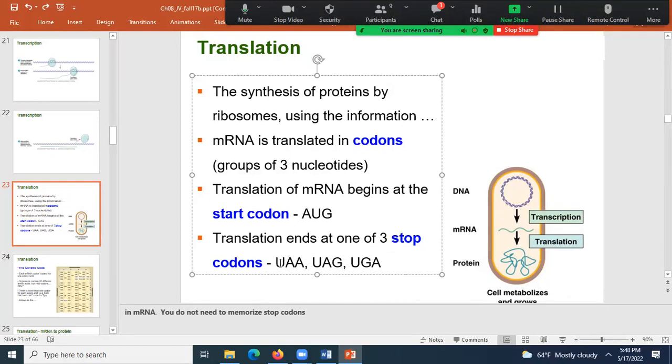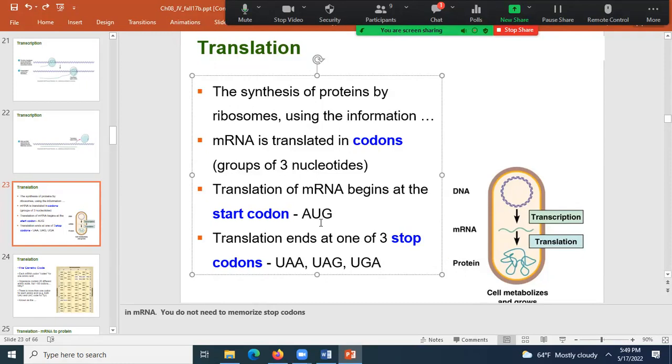You don't need to remember them, but you should know that there are 3 stop codons, and when the ribosome reaches a stop codon, it'll stop protein translation. You should remember AUG because there's only one of them. It starts the protein translation as well as codes for the amino acid methionine.